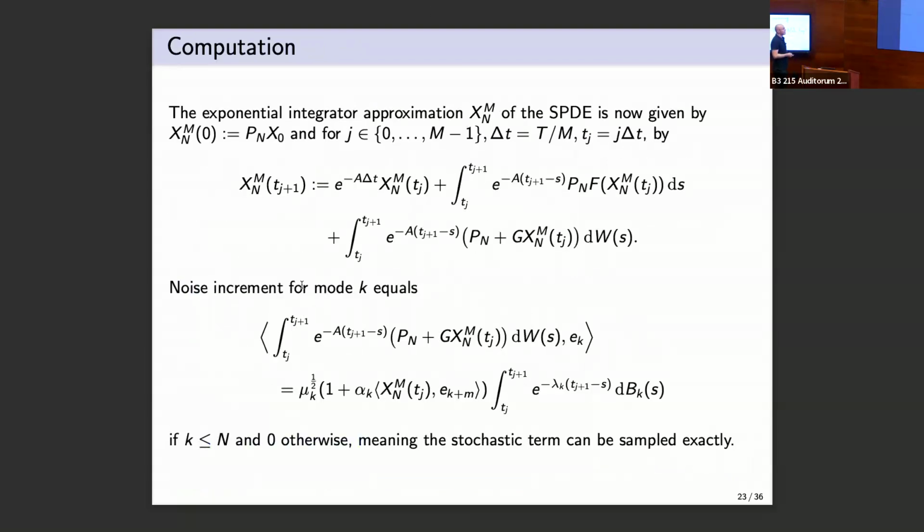Okay, so how do we solve this? I think we already have represented the numerical method, and this is just the values it takes at the different time points. But if I zoom in on mode K, and look at how the noise over one time step is generated for mode K, it's going to look like what I have on the right-hand side here.